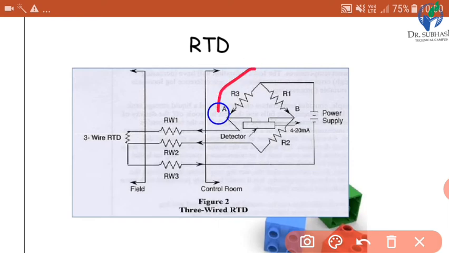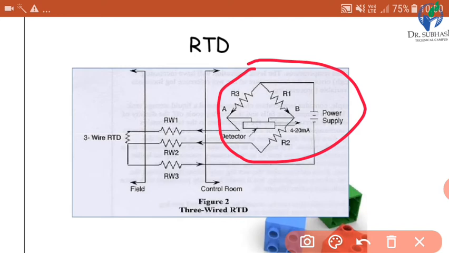The construction of the Wheatstone bridge is the same. Here R1, R2 and R3 are three arms of the Wheatstone bridge, and in one arm there is a 3-wire RTD. Here we can see resistance wire 1, 2 and 3. This way we can use a 3-wire RTD and eliminate the resistance of the wire.